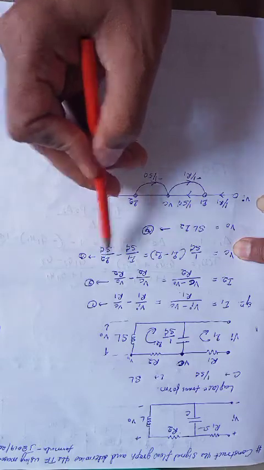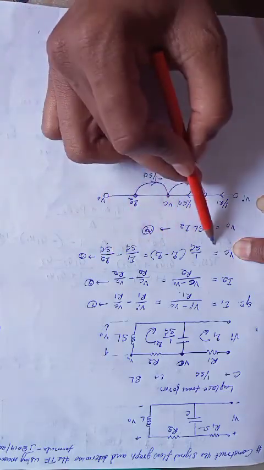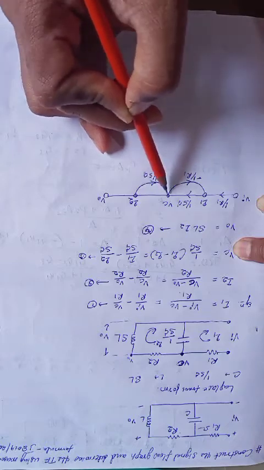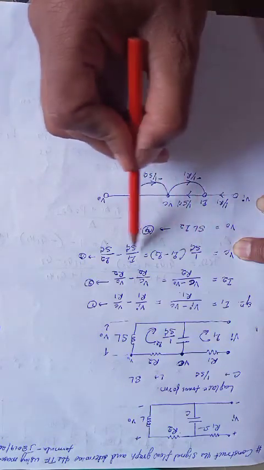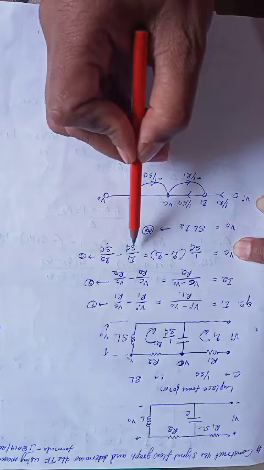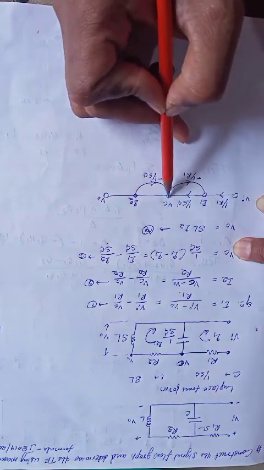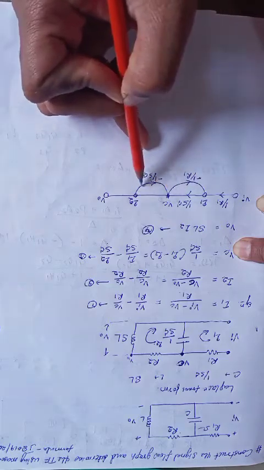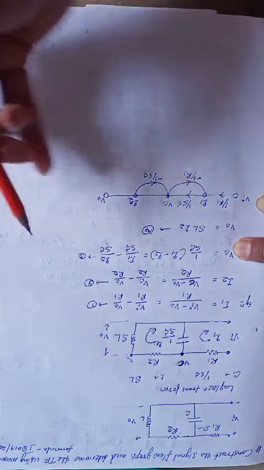That is from I2 to Vc. From I2 to Vc the signal is negative, and here the positive is I1 by Sc. It means to Vc the plus 1 upon Sc is incoming, and this is the feedback.